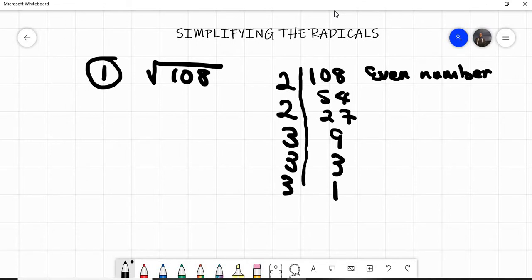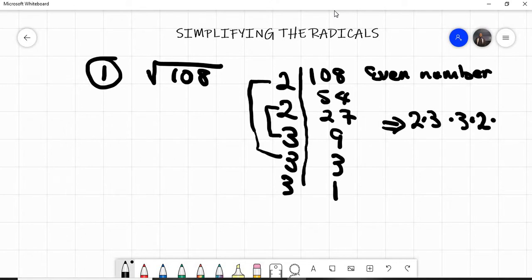So now what we can figure out is, we group it. 3 and 2 make one group, and then 2 and 3 make another group, because 3 times 2 is 6, and 2 times 3 is 6. So inside we're going to have 2 times 3 as the first group, and then 2 times 3 as the second group, and then 3.